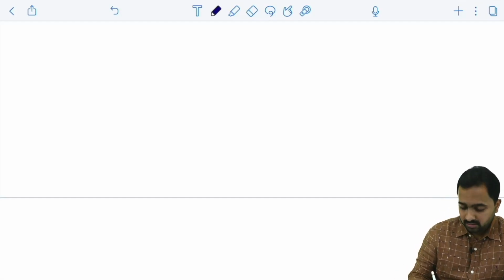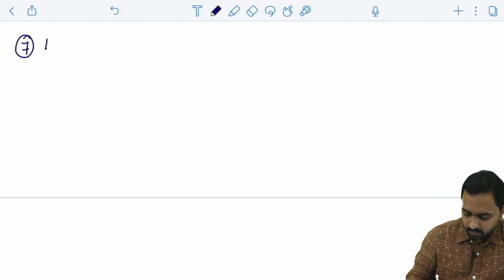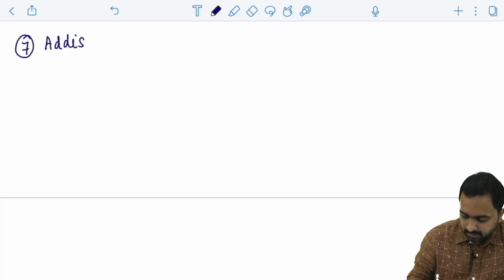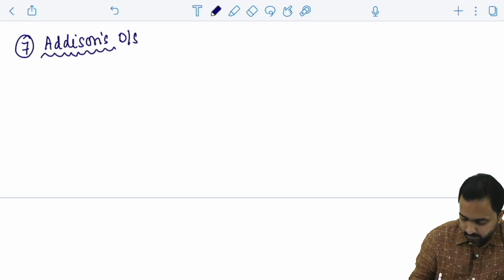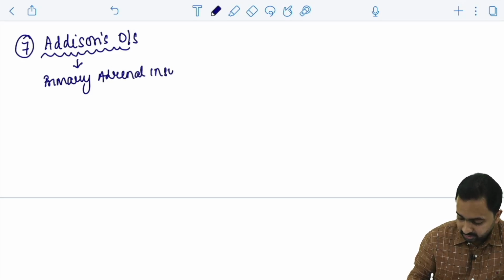Now we'll wrap up our topic on adrenal with the last topic, which is Addison's disease. So, what is this? This is basically a primary adrenal insufficiency.